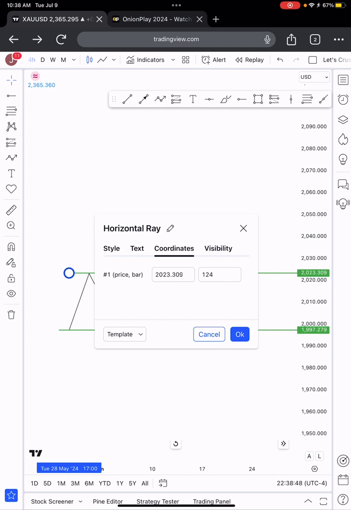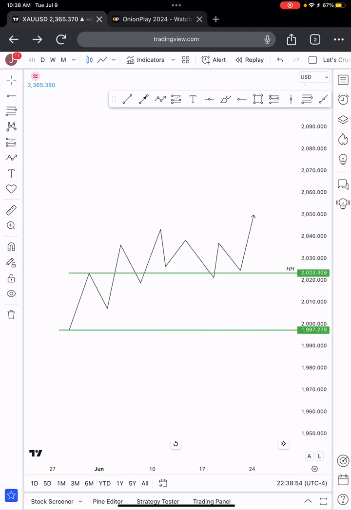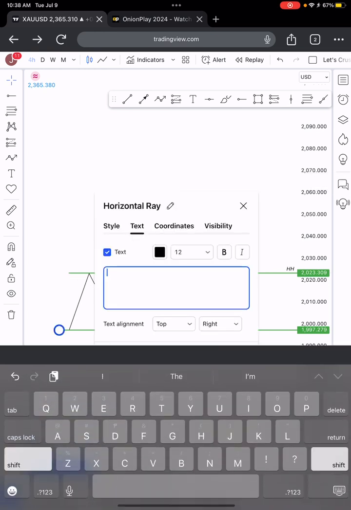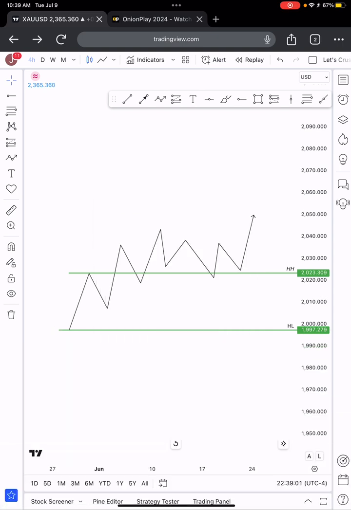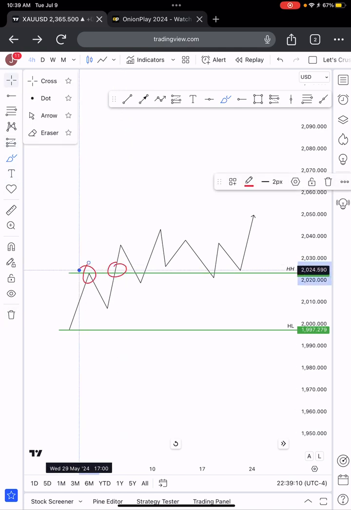So let's just call this our higher high. And this is our higher low, right? So the moment a candle body closes above this level, that becomes the new higher high, right?